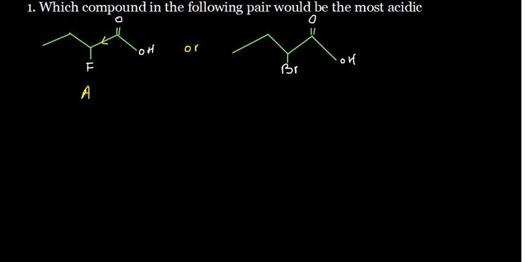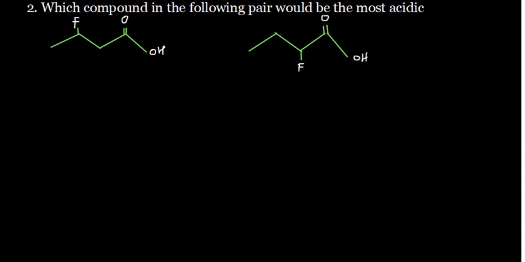When this hydrogen is lost, we are going to have this becoming oxygen with a negative charge. So this negative charge is more easily dispersed. Because of the fluorine, which is more electronegative, the negative charge which is going to be formed in the anion is going to be dispersed. In other words, it's going to be more shared by the inductive effect. And so this one ends up being a stronger acid in comparison to this one.